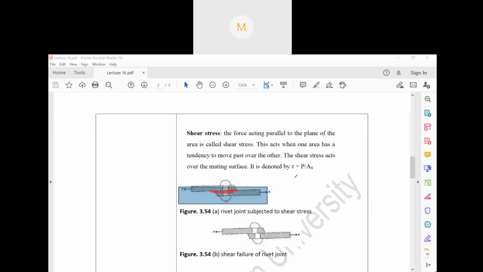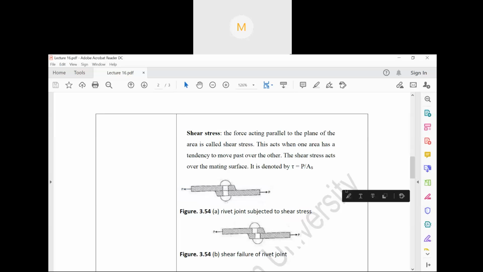That means in shear stress, the force has the tendency to simply tear off the bodies. Now this is joined here using a bolt.